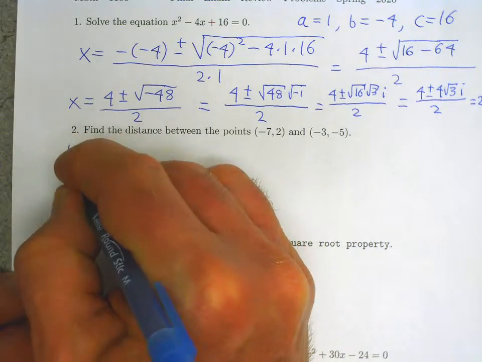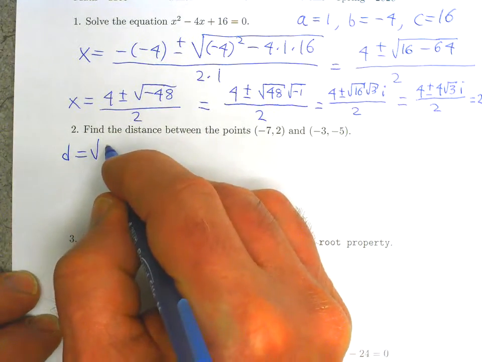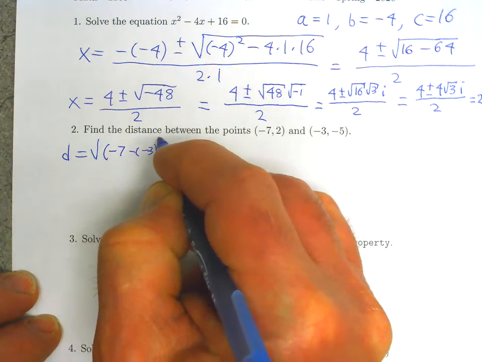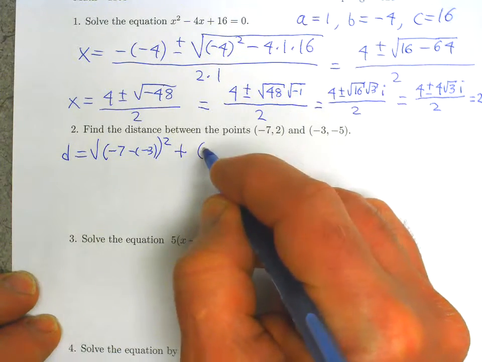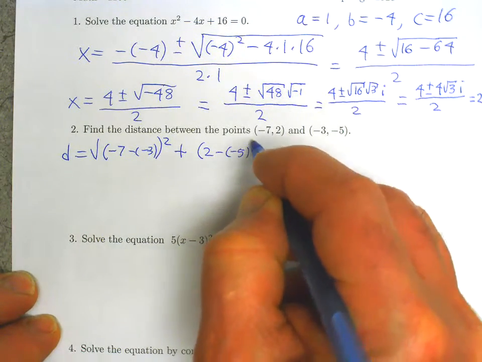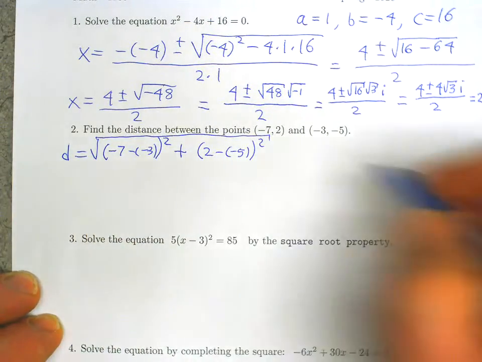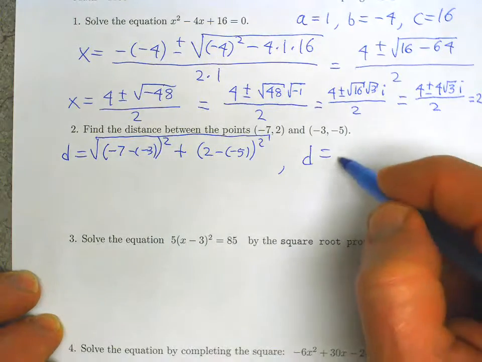So the distance is the square root of the quantity negative 7 minus negative 3, squared, plus the quantity 2 minus negative 5, squared, the square root of that. And then we need to be careful with the arithmetic.